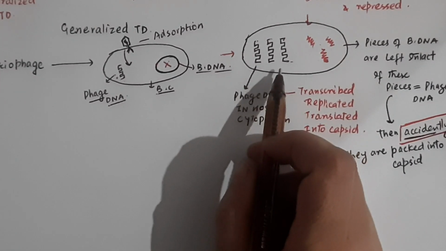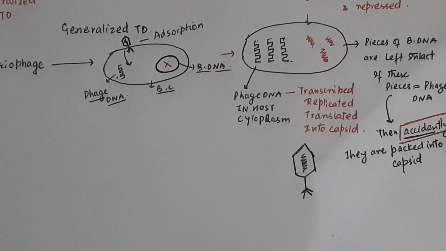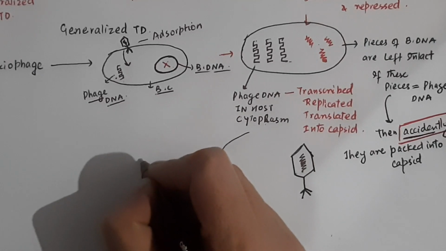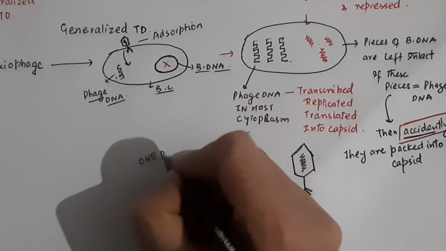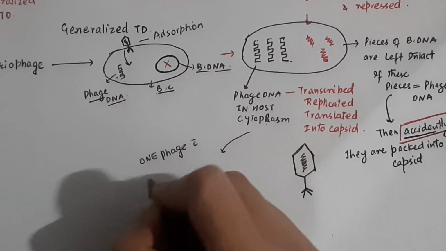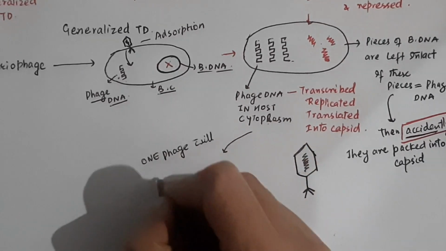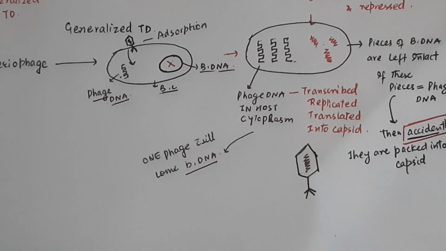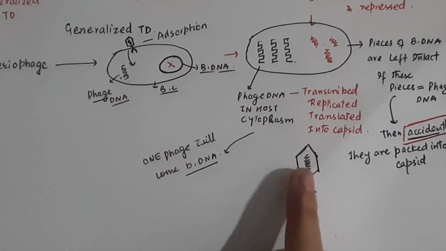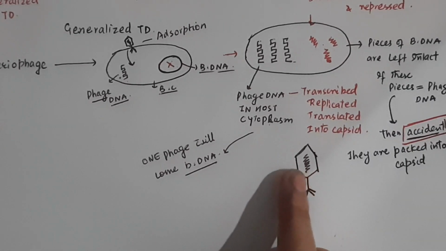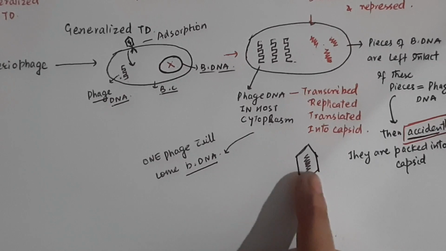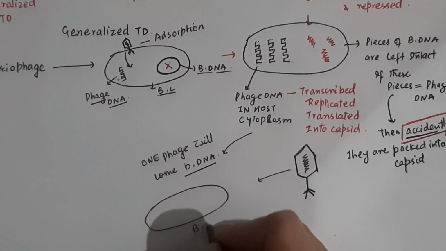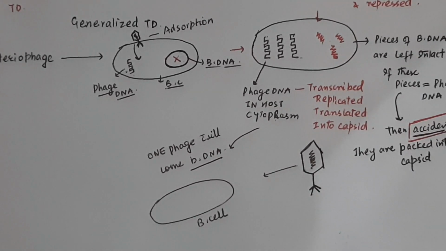Following lysis of the bacterial cell, one phage will come out with bacterial DNA. When this bacterial DNA in the capsid infects another bacterial cell, what happens?